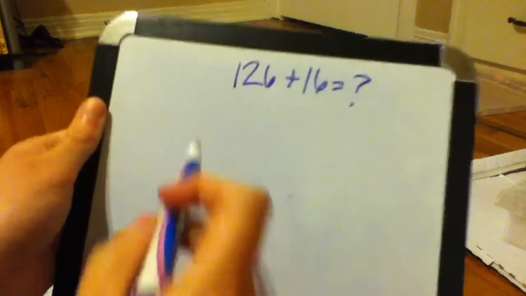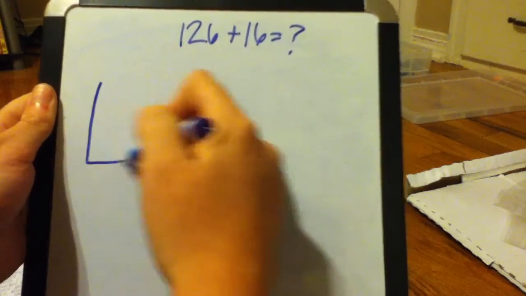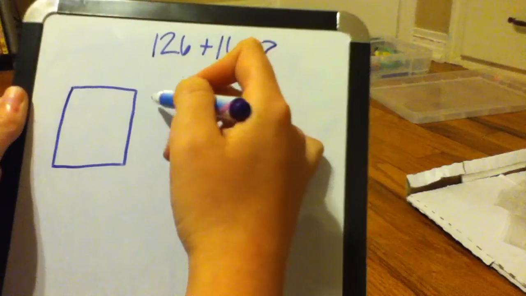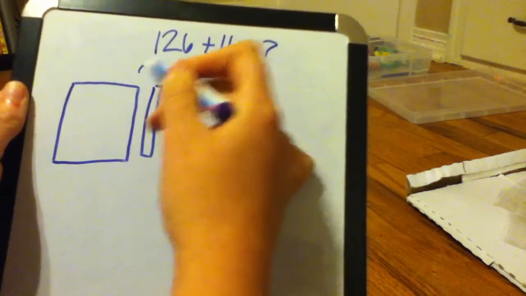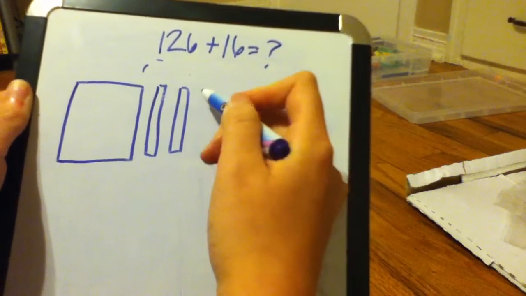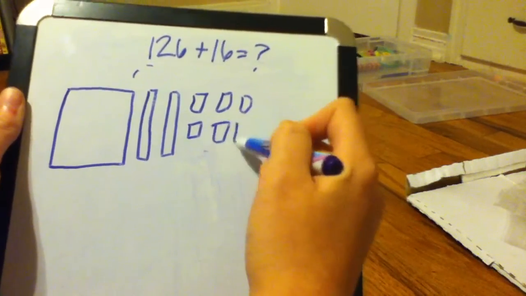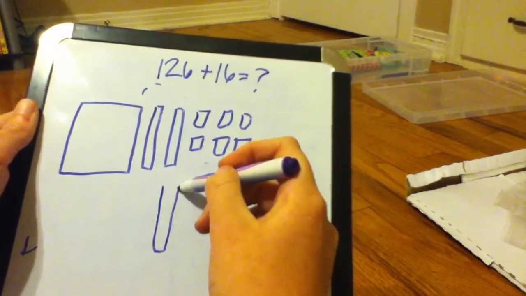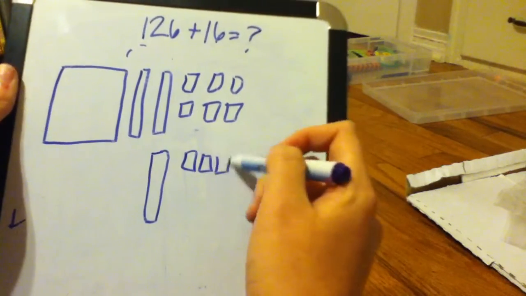So I'm going to draw it out, and so when you're doing the hundreds place, you have a cube. So it's a big box. And then you have your rod still, so there's 1 in the hundreds, 2 in the tens, and then your 6 units. So I'm going to draw those. And then coming down, we have 1 in the tens spot for 16, and then 6 in the units as well.